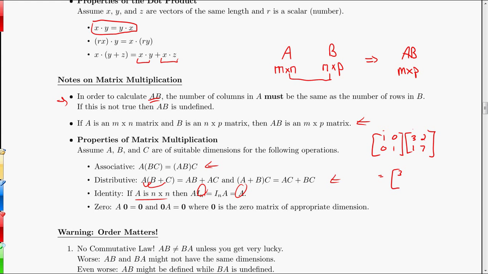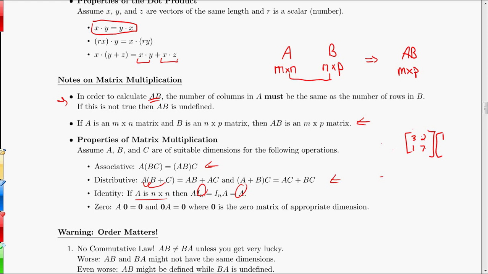And then 1 times 2 plus 0 times 7 is 2. 0 times 3 plus 1 times 1 is 1. 0 times 2 plus 1 times 7 is 7. Notice you get the same matrix back. That's why that identity matrix is called the identity matrix. When you multiply by any other matrix, you get that matrix back. And that's multiplying by the identity on the left. You can also multiply by the identity on the right.